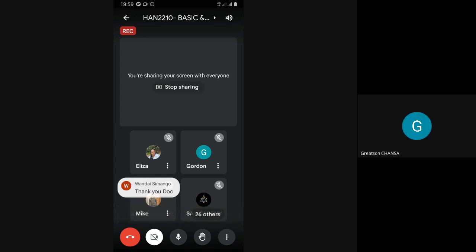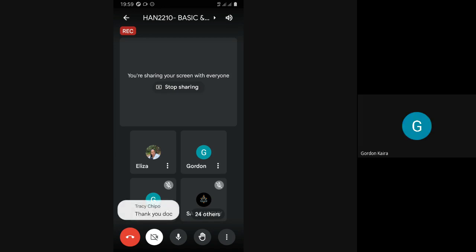Doc, I also wanted to ask, are you going to post these notes in the group? No, we're not posting in the group, but they'll be posted on the Google Drive. That's where you'll find these notes. So again, as a reminder, I hope I'm not teaching people for SAPs in here, right? These are normal second years, normal medical students. Yes. Okay. And Doc, I wanted to ask if the lecture is recorded.